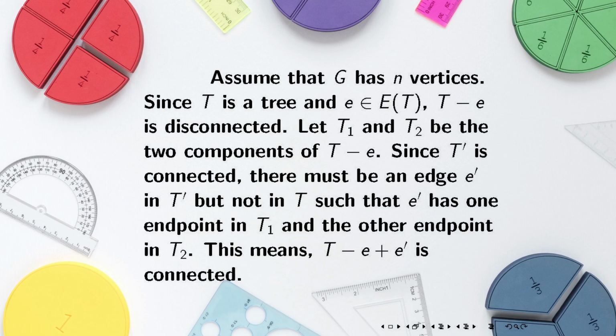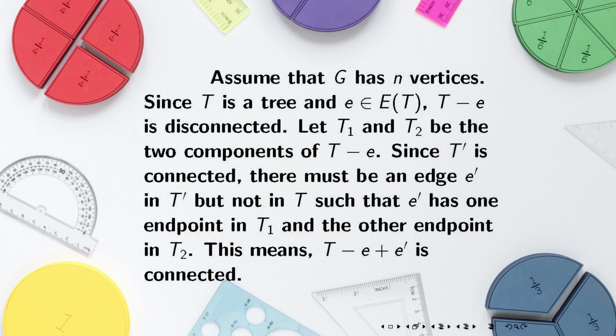Because with any two vertices of G there is at least one path in T dash. So between the two components T1 and T2 of T minus E, there is some edge that has one endpoint in T1 and another in T2, and this edge is E dash.